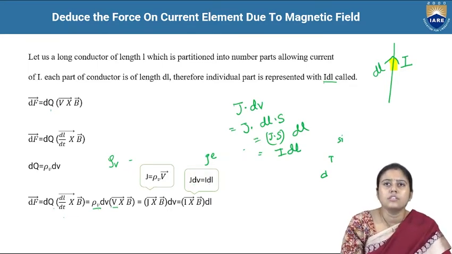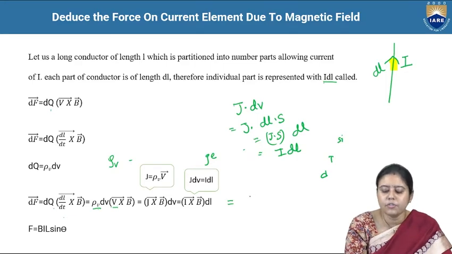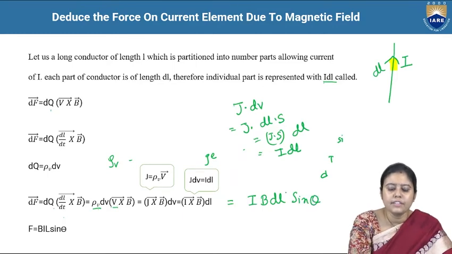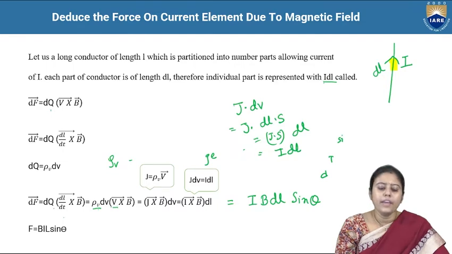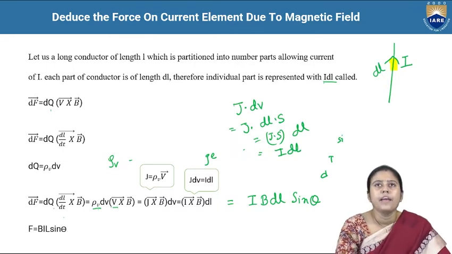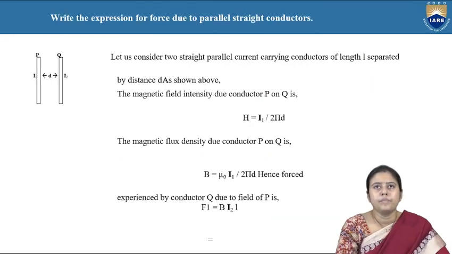So I dl cross B gives F equal to B I l sin theta. Actually it will be I B dl sin theta, and if we integrate both sides we will get F equal to B I L sin theta. This is method 1.